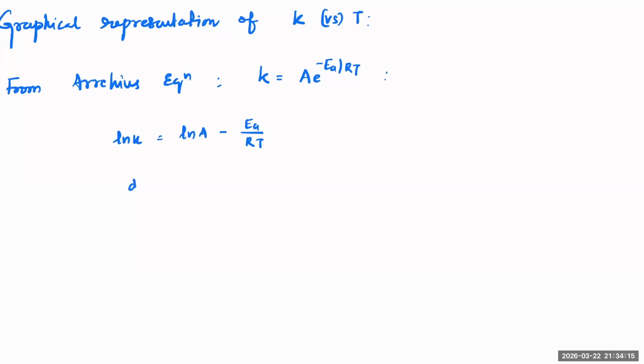Now, if I differentiate the first formula with respect to temperature, dk by dt will be equal to A e raised to power of minus EA by RT into EA by RT square. That minus will be compensated with it.